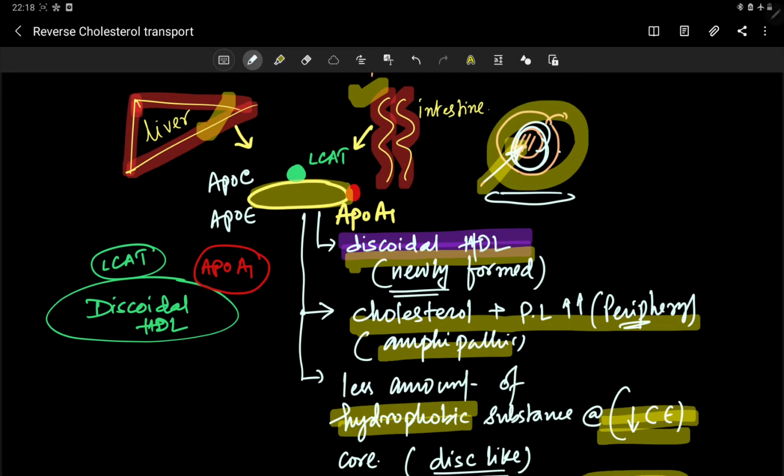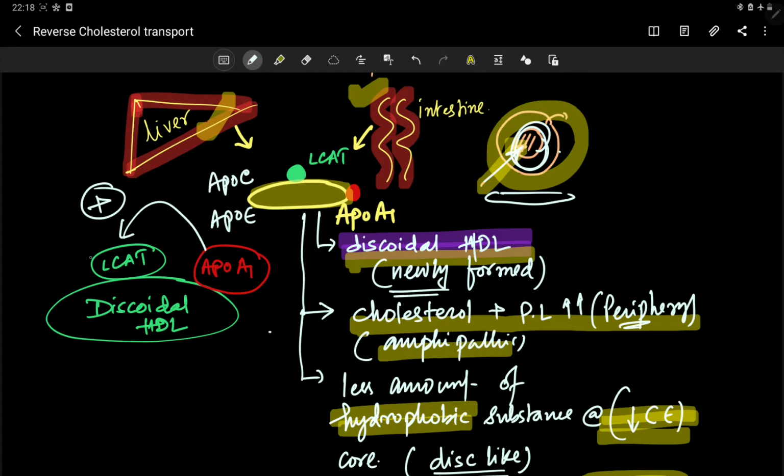Now here you can see your ApoA1 protein. This is your ApoA1 protein, and this is your LCAT. I already told this ApoA1 protein is activating your LCAT enzyme. So your ApoA1 protein, which is attached with your discoidal high density lipoprotein, is activating the LCAT enzyme.